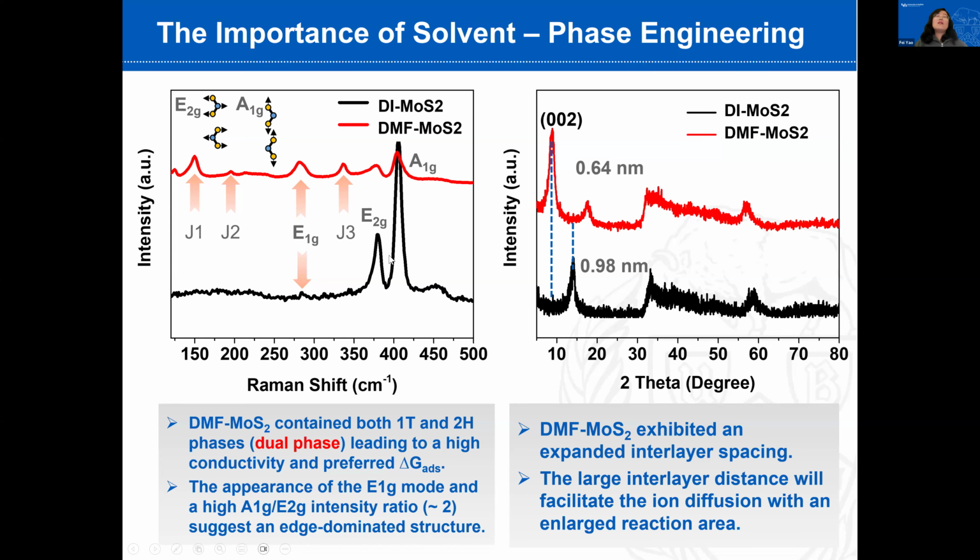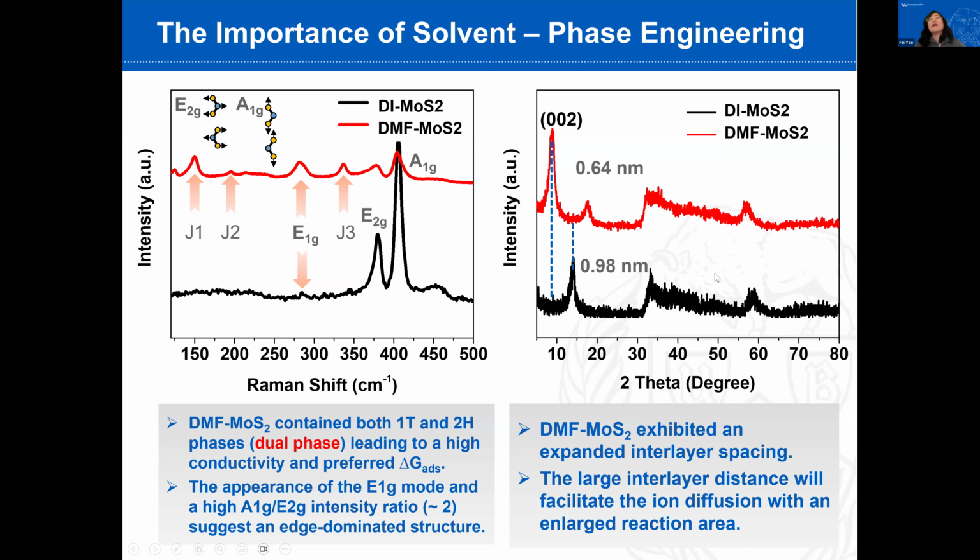If we take a look at the A1G to E2G intensity ratio, we found it is around 2. Combining with the presence of the E1G mode, it indicates the involvement of the edge planes in the structure. The XRD also shows that MoS2 synthesized in DI water gave us an interlayer distance of around 0.64 nanometer.